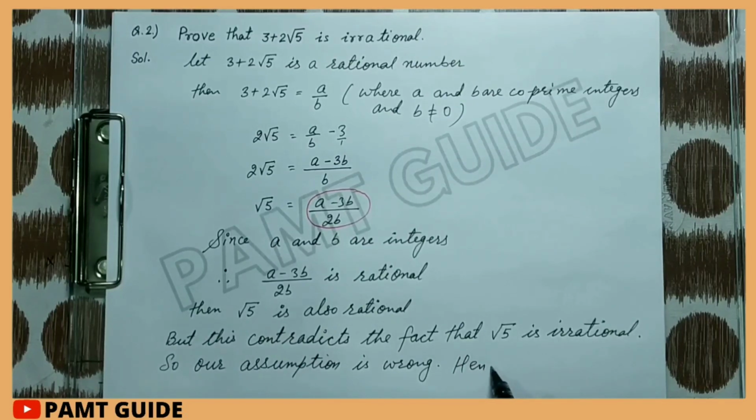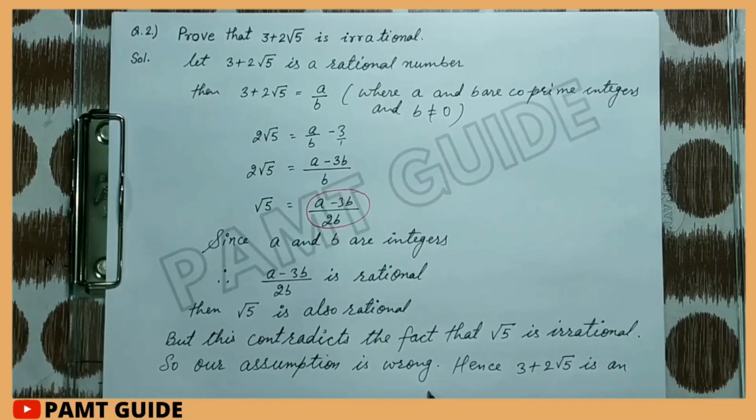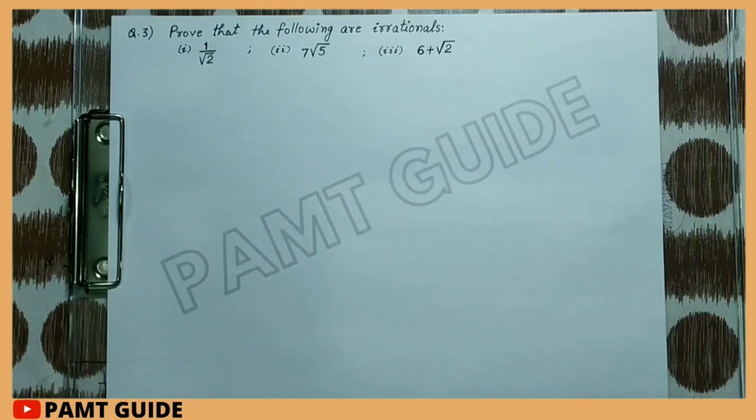Hence, 3 plus 2 root 5 is an irrational number. And the next question is prove that the following are irrational. First is 1 by root 2, second 7 root 5.